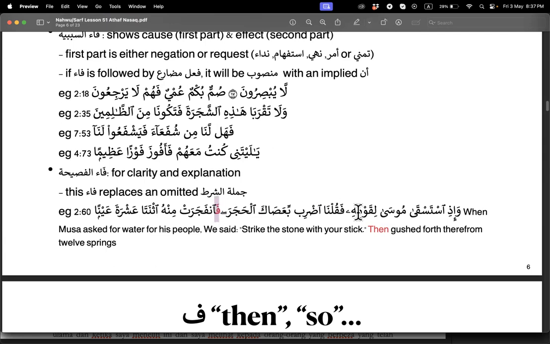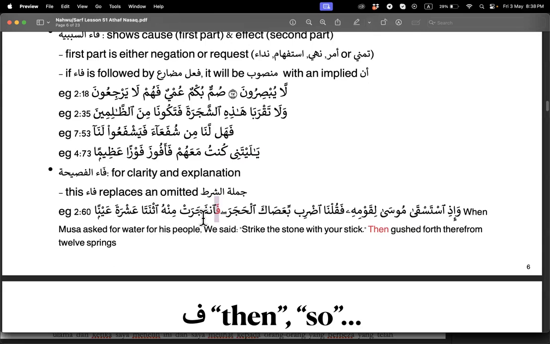What happened between here and here? There is a jumlah that is missing. After Allah said, strike the stone with your stick, what happened in between, before the water gushed out? It's not mentioned, right?